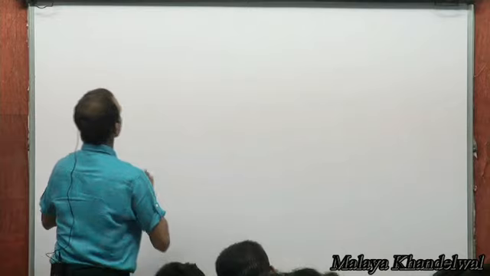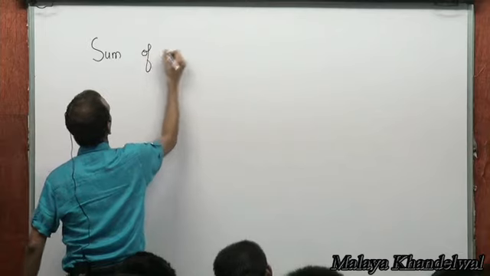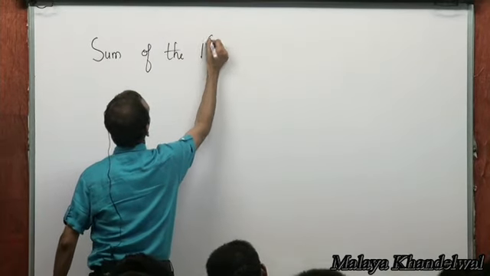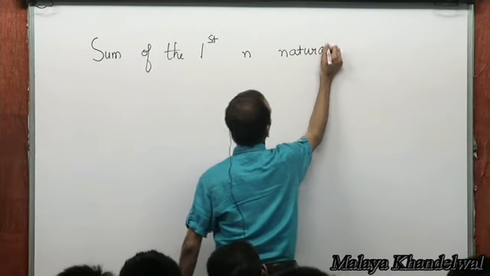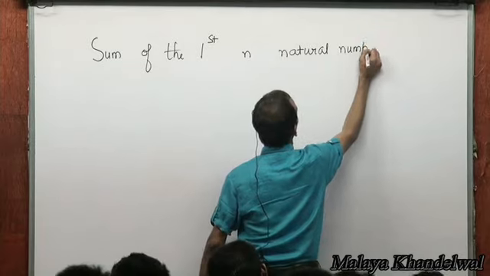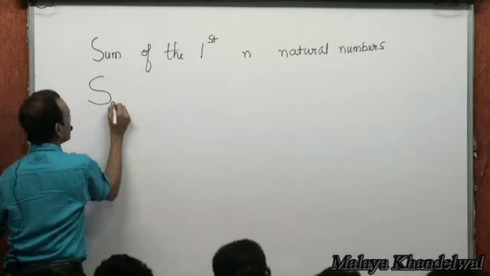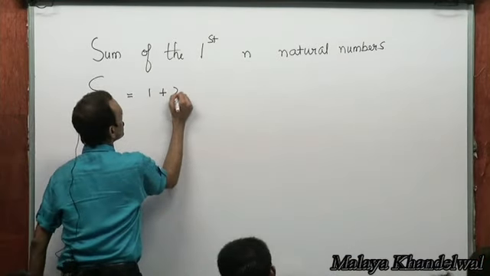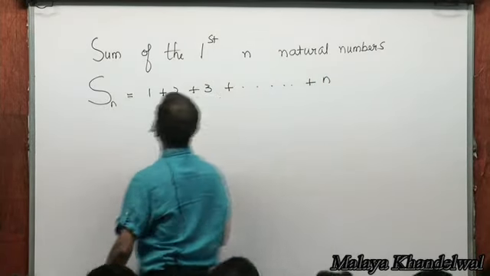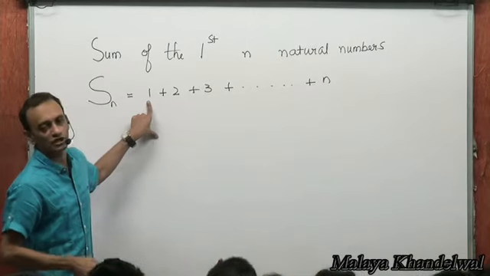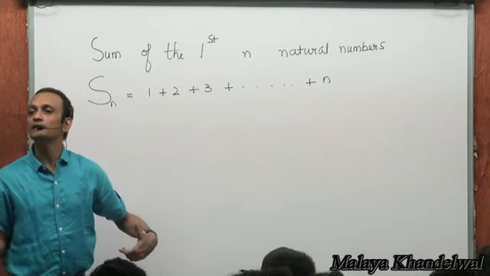One, of course, is what is called the sum of the first n natural numbers, Sn, which is 1 plus 2 plus 3 plus ... plus n. Now this of course is an arithmetic progression with first term 1, last term n, number of terms n.